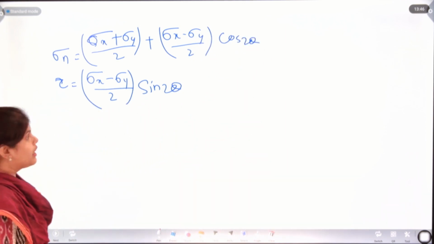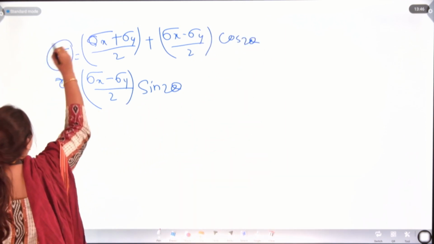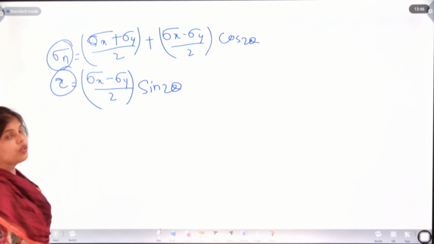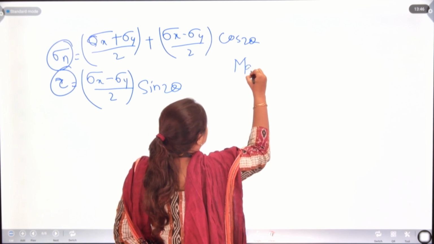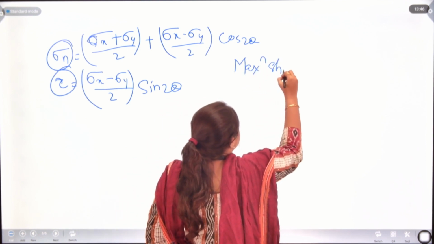Now we have sigma n and tau value. Let's find out the maximum shear stress.